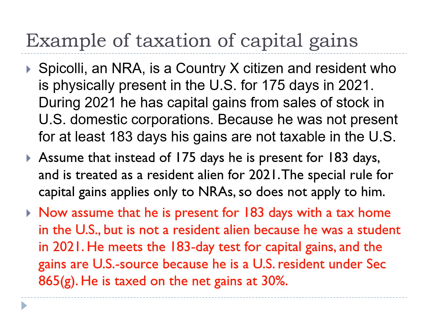Now assume that he is present for 183 days with a tax home in the United States, but is not a resident alien because he was a student in 2021. He meets the 183-day test for capital gains, and the gains are U.S. source because he is a U.S. resident under Section 865(g). He is taxed on the net gains at 30%.